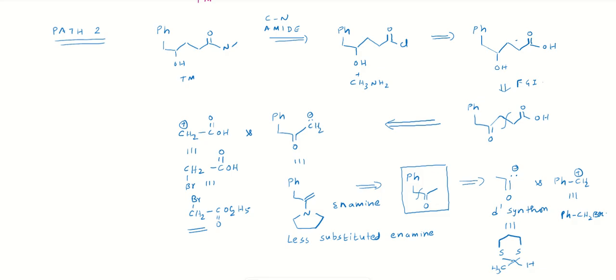So we'll start from this. We'll start from this molecule, and then we'll do the alkylation and then hydrolysis. From this we'll do the NMN. So let us go to the synthesis step by step.